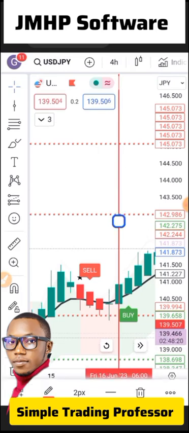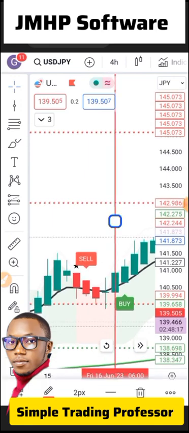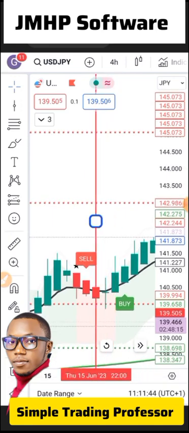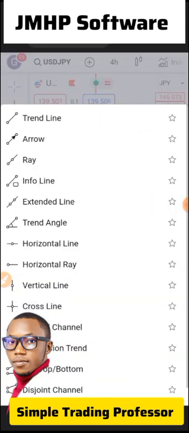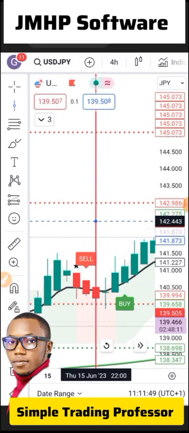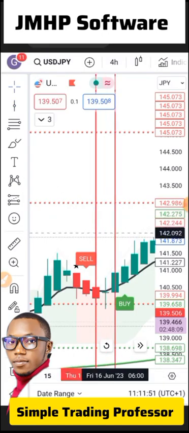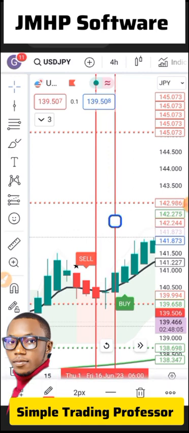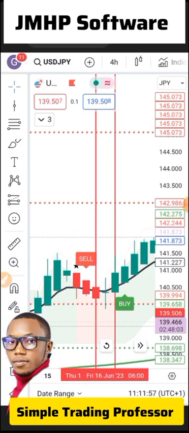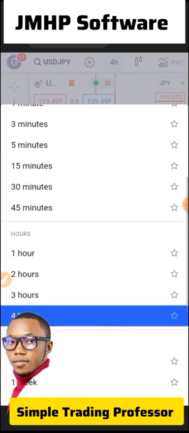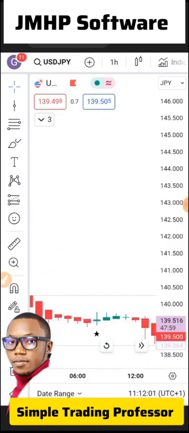Let me not move this thing anyhow. The first one, the daily gave us the signal around there, and we waited for 4 hours to give us a buy signal here. Now we don't take the trade here. When 4 hours gives us a strong bullish candle, we now go to 1 hour and wait for 1 hour to give us a buy trade.